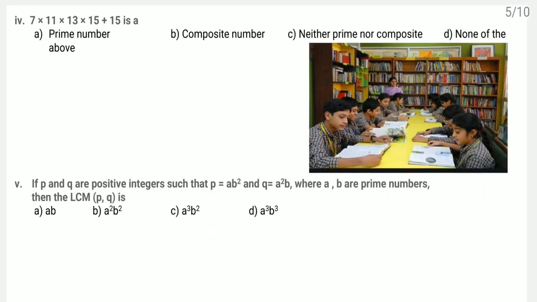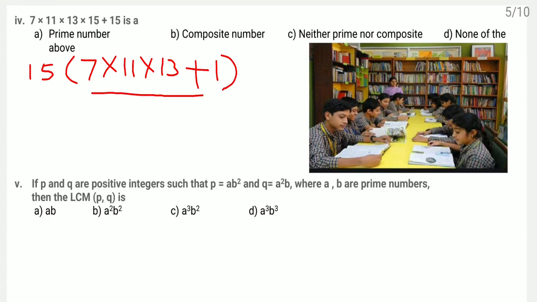Fourth one. In this one, just check. This is first term and this is the second term. Now which is the common number here? 15 is a common number. So I will write down 15 inside the bracket, 7 into 11 into 13 plus 1, because 15 we have taken common. Now as you multiply this number, you will get one number and this number.